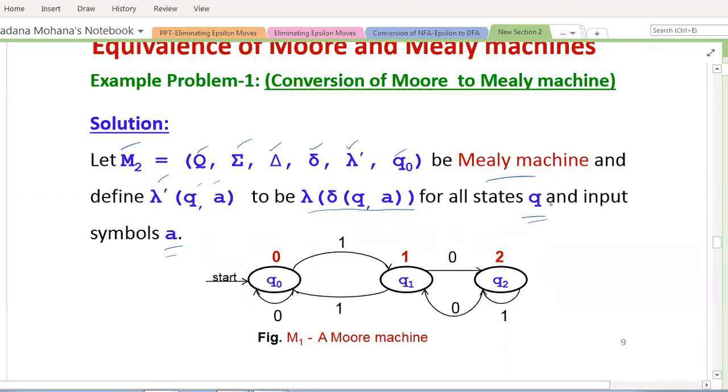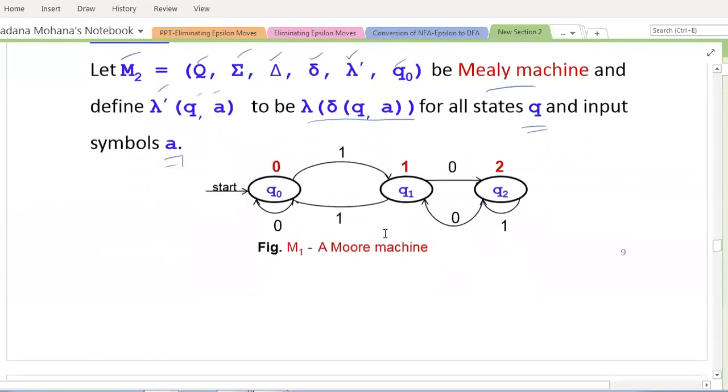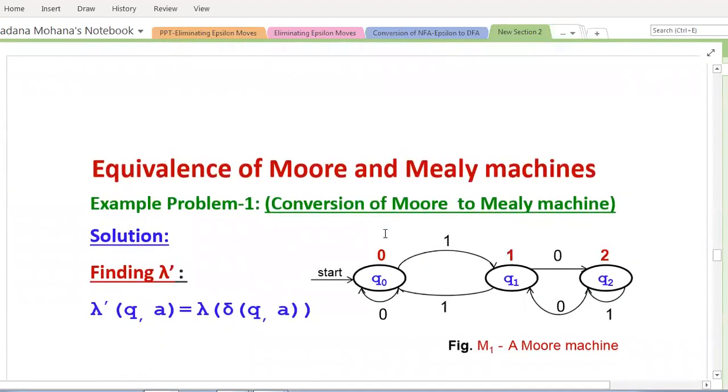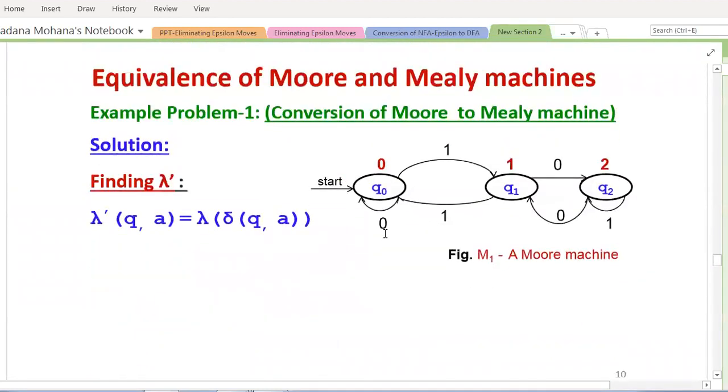That means for all states and all inputs you can find out λ'. Remaining all are same. Here no need to find out transitions. Transitions are same. As per the theorem, the rule of finding λ' is λ'(q, a) equal to λ(δ(q, a)).